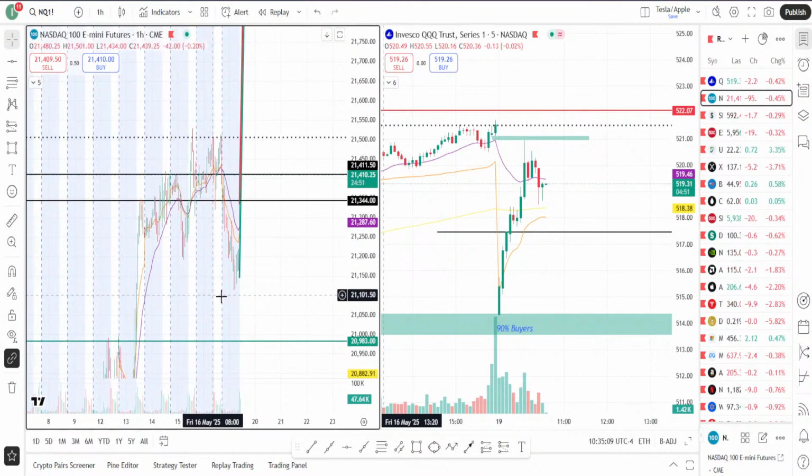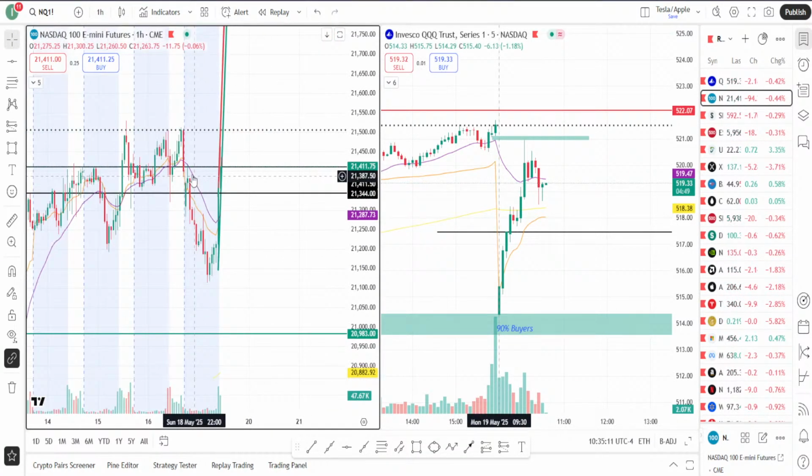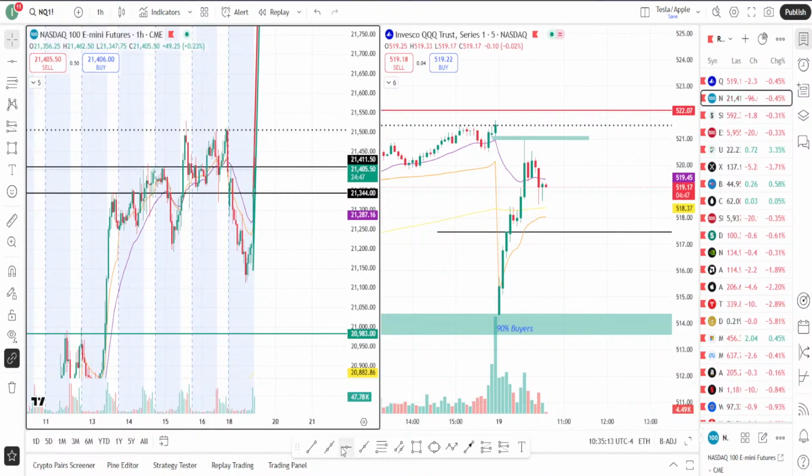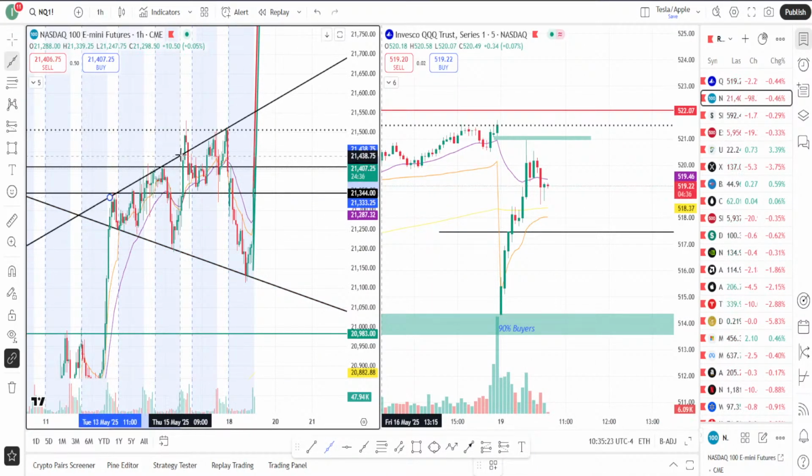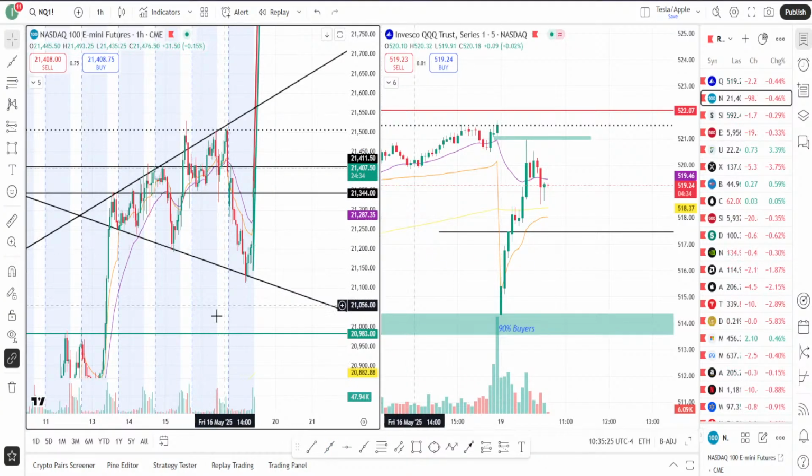Okay, so by going back up to the 1 hourly time frame, I can see we have a range here.